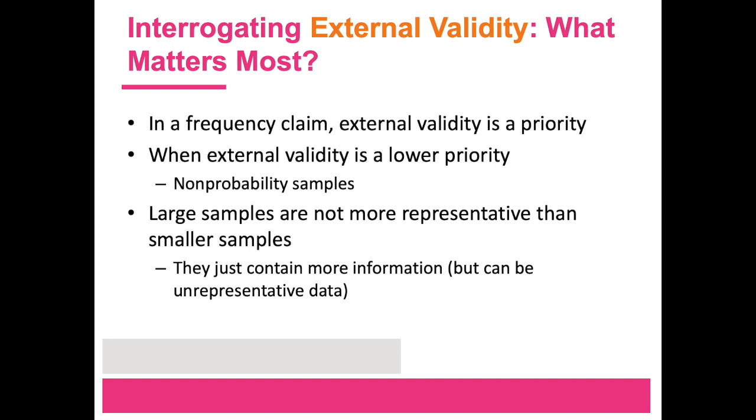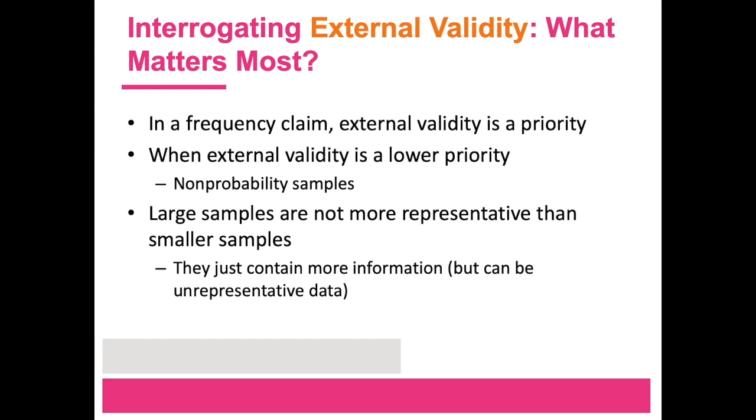One thing that can feel like you're making up for it is by getting a big sample. So if I just get a huge sample, it feels like, well, that has to be more representative, but it's not. For example, if I want to do a study on American individuals or adults, what if I grabbed everyone in Utah?